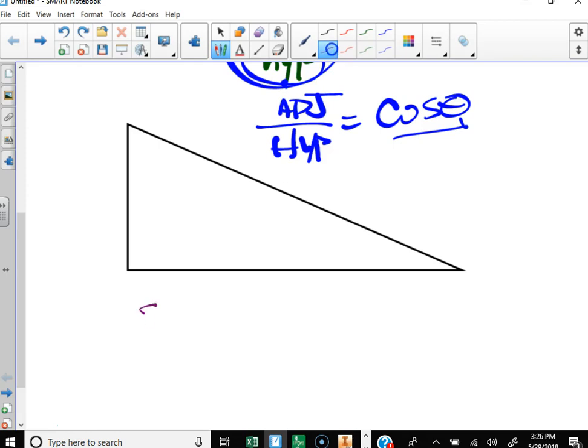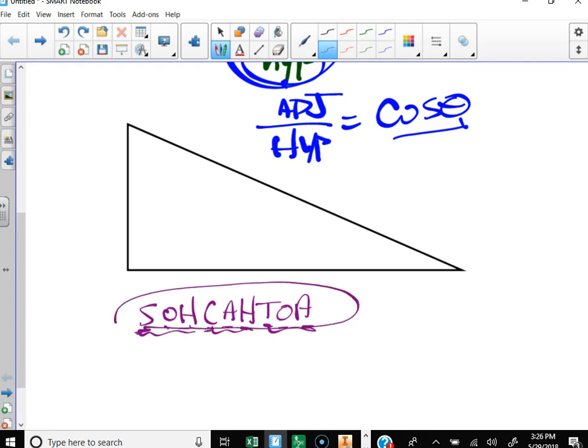But Sohcahtoa, let's see, S-O-H-C-A-H, you might be able to see where I'm going with this, T-O-A, Sohcahtoa. If it helps you remember, use it, because all it stands for is the sine is the opposite over hypotenuse, the cosine is the adjacent over the hypotenuse, and tangent is opposite over adjacent.